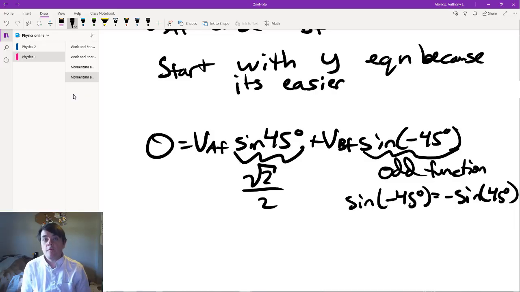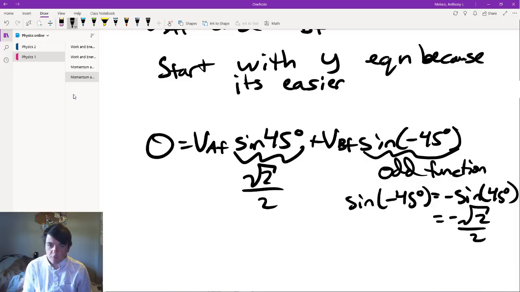That's the reason it's called an odd function, because of how it looks graphically, reflected about the origin. But what it means mathematically is we can just pull this negative out. These two things are equivalent. So for us, we can plug in that negative root 2 over 2 here.